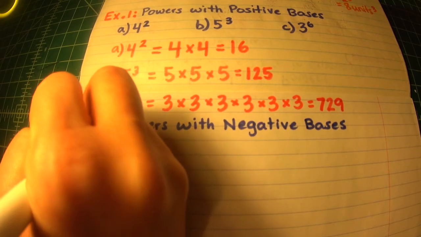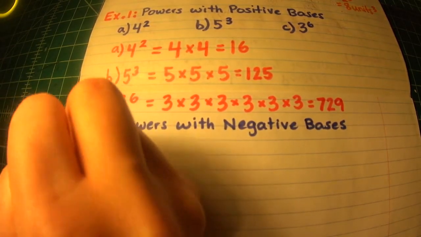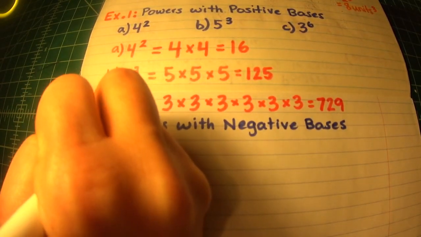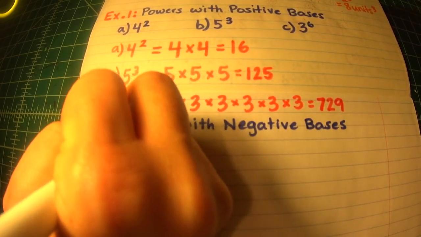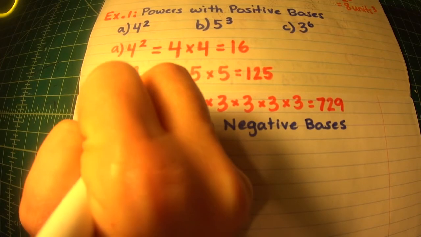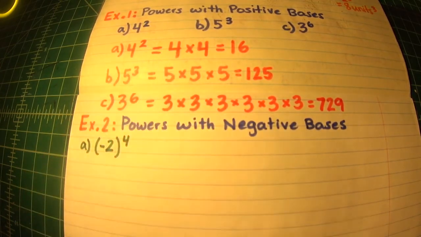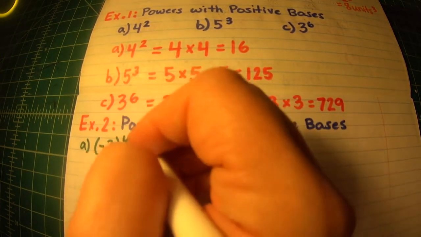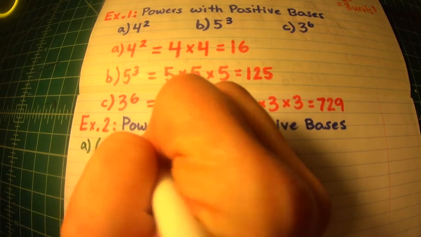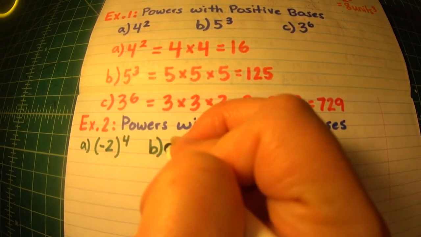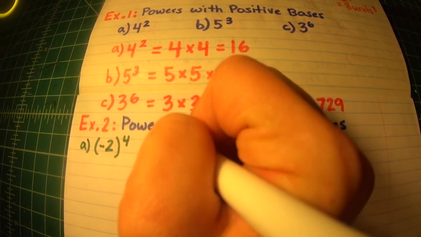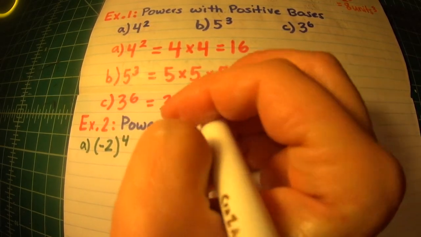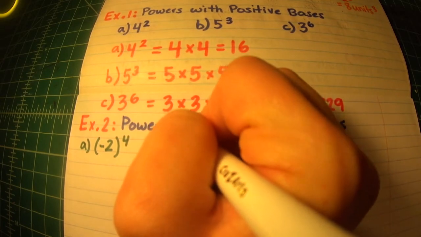So the first one, A, we've got bracket -2, end bracket, all raised up to the exponent 4. Okay, example B, we've got no brackets at all, just -2 exponent 4.